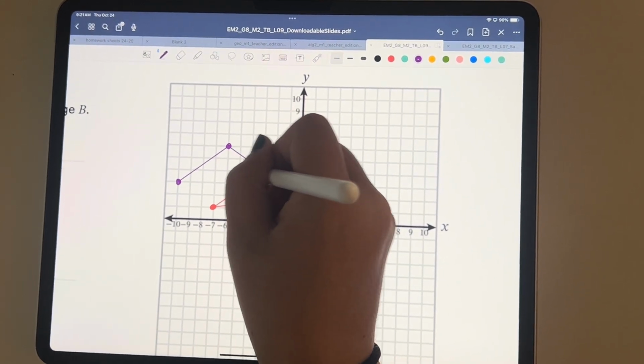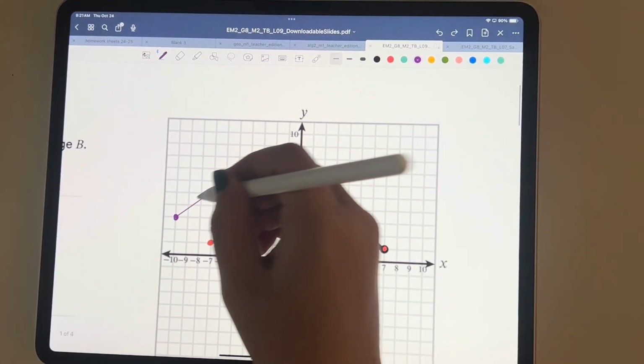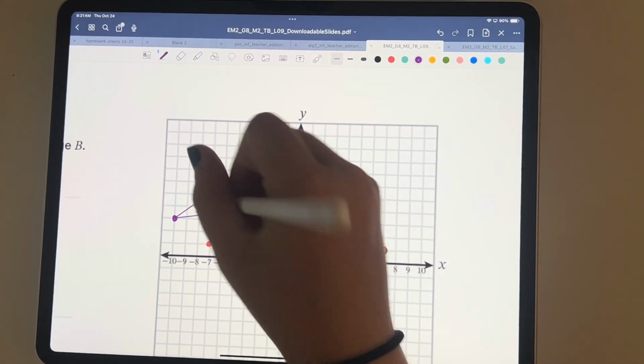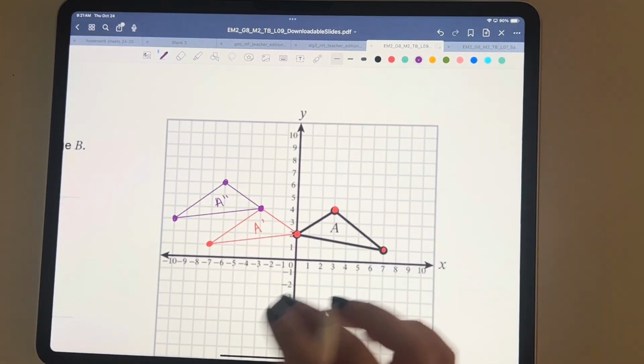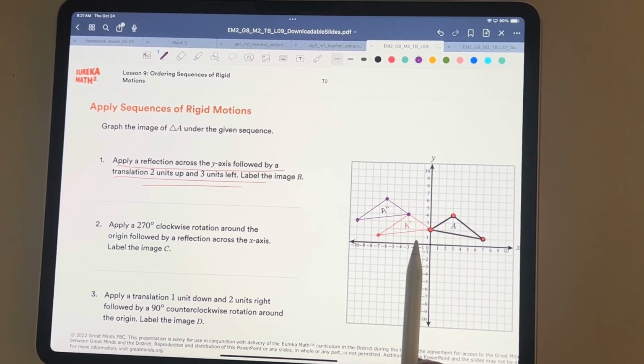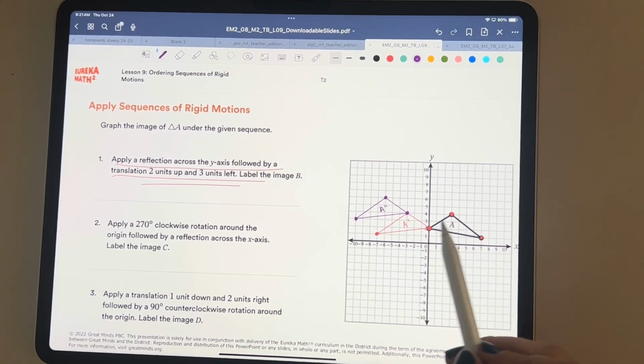We're doing a sequence of rigid motions now. It asked us to do 2 things, right? The first thing we did, the red one, is from the reflection. The purple triangle is from the translation. It looks so much more pink on my iPad, but everyone tells me it's red.